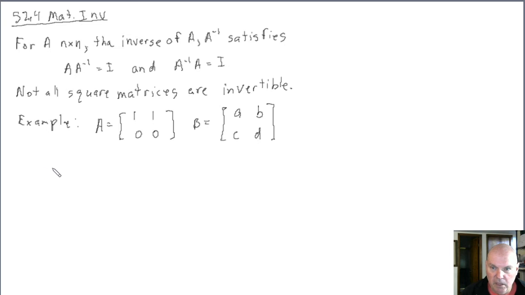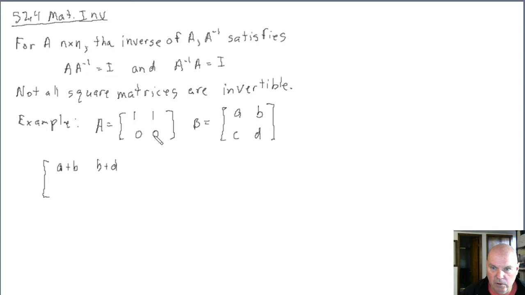If we look at the AB product, since A is 2 by 2 and B is 2 by 2, the first row of A times the first column of B, this element of the product is a plus c, and then the first row times the second column would give us b plus d.